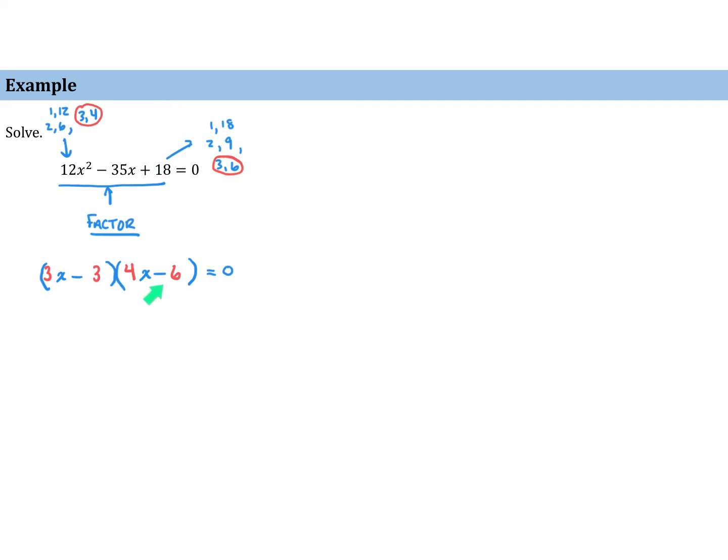In fact, 4 and 6 have a common factor. I cannot introduce a common factor that never was present. And if indeed we do check it, we just need to check our outer and inner terms. So we have negative 12x and negative 18x. That yields for us a middle term of negative 30x. So we know that's wrong.